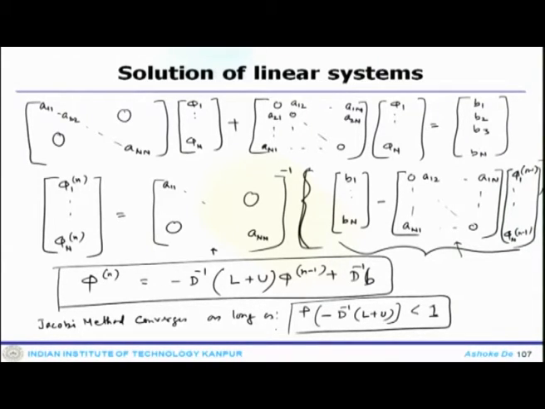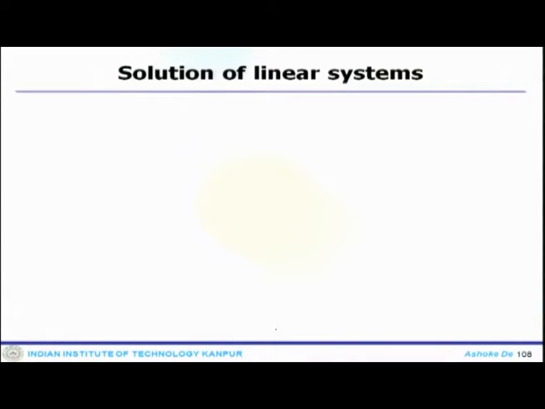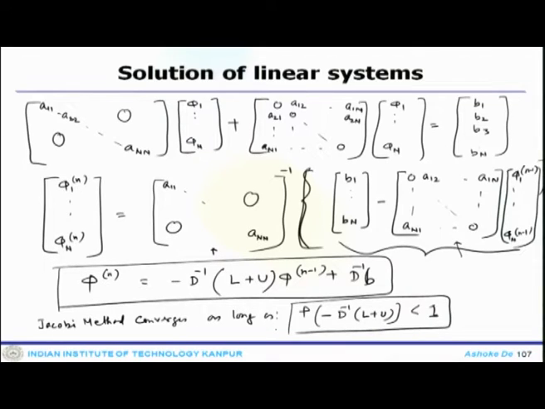These coefficients actually satisfy that, so they need to satisfy this condition: the summation over j equals 1 to n, j not equal to i, of the absolute value of a_ij is less than or equal to the absolute value of a_ii, where i goes from 1 to n. So this is the condition that has to be satisfied.